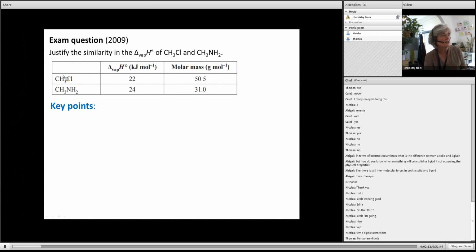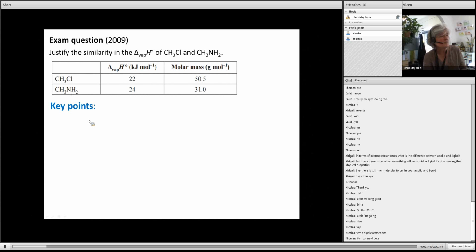So here, both of these are polar, so they both have got temporary dipole forces of attraction as well as permanent dipole, and the amine can do hydrogen bonding with other molecules because it's got a hydrogen attached to that electronegative nitrogen. So spell all that out. As I said, always imagine your teachers being really dumb and you've got to say every little thing.